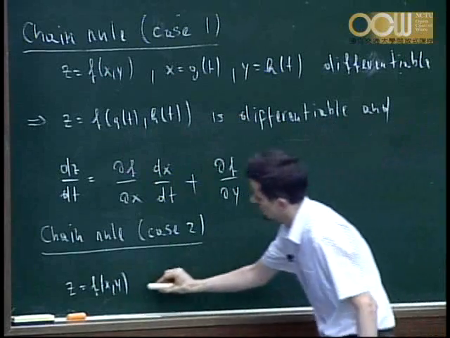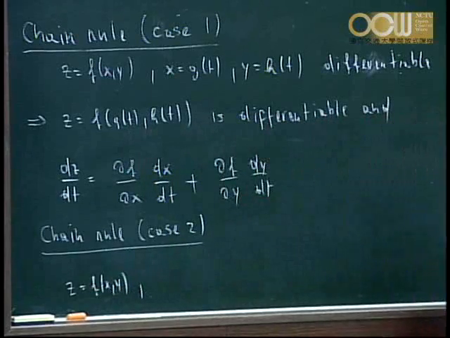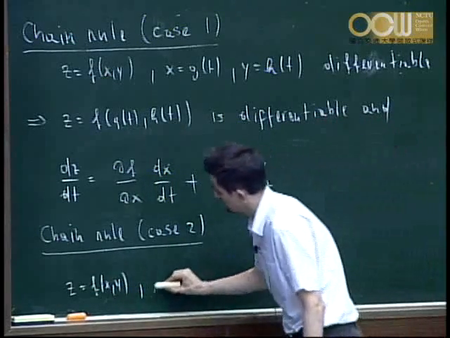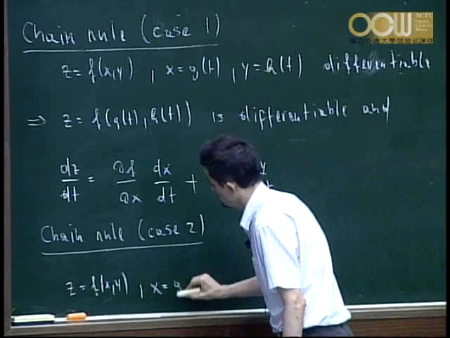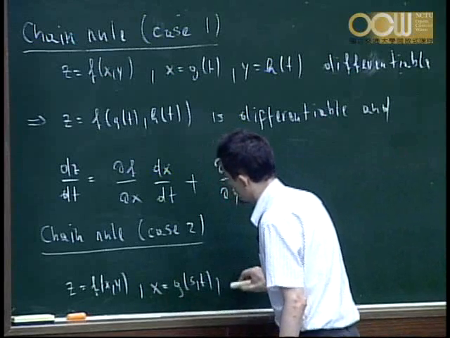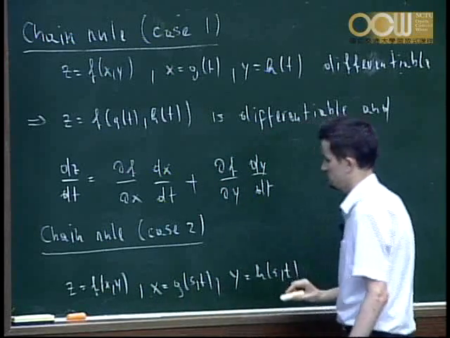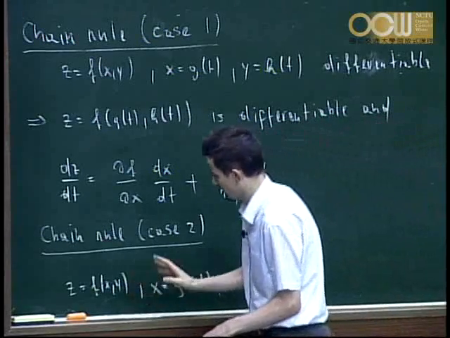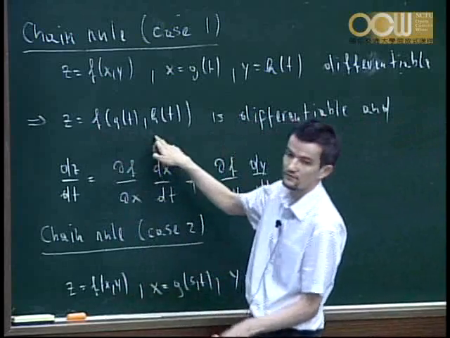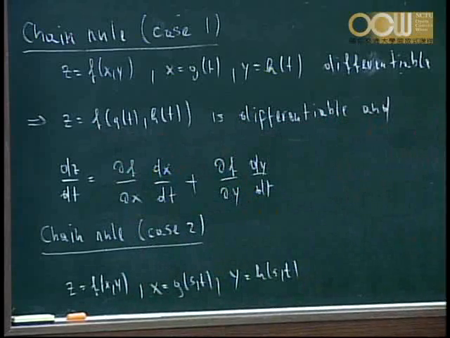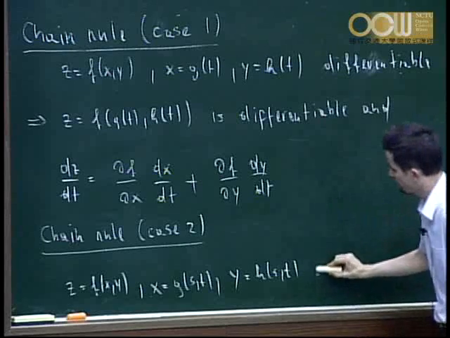But now, what we plug in for x and y are also functions of two variables. So x is a function, let's say, g of s and t, and y is a function h of s and t. So we plug in. What we then have is not only a function of one variable, we have a function of two variables. But again, we assume that they are all differentiable.